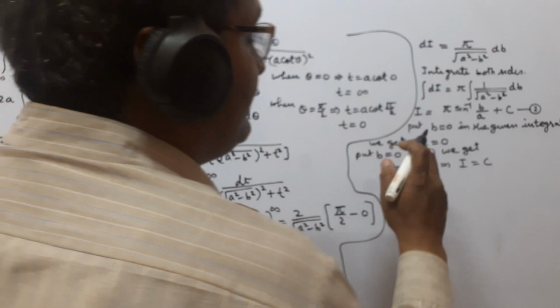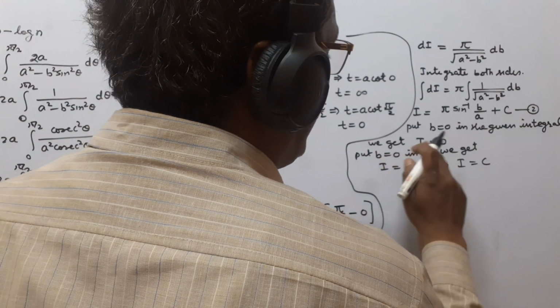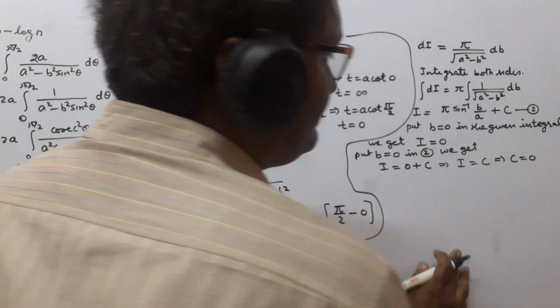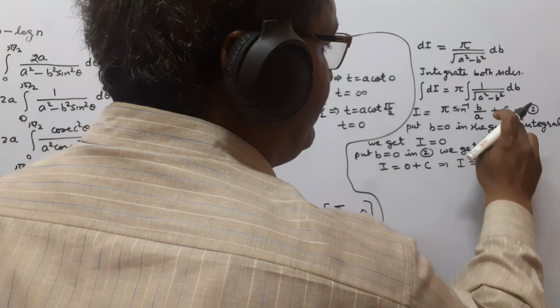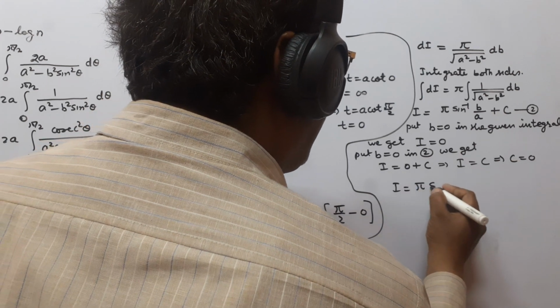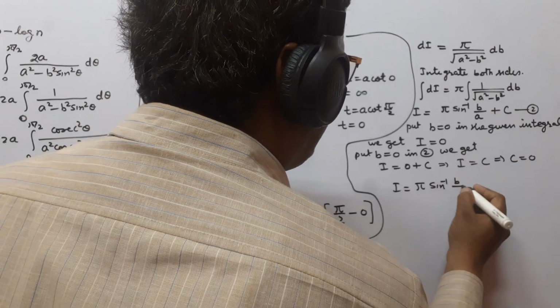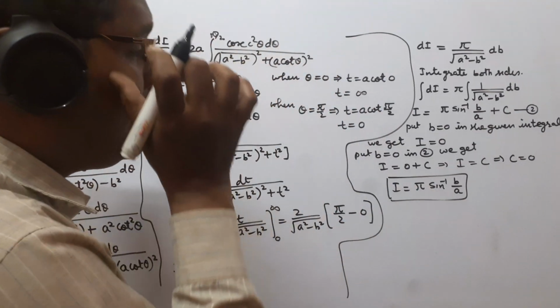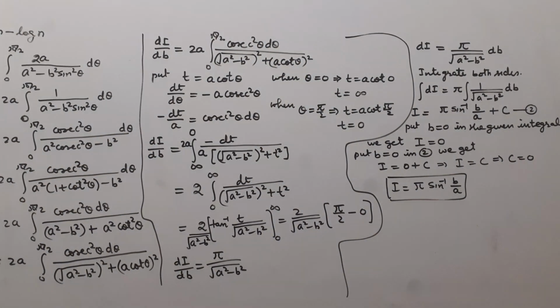And we can see when b is equal to 0, I is equal to 0, this gives c is equal to 0. So we put c is equal to 0 in the above integral 2, and we get I is equal to pi sine inverse b upon a. So this is the value of the given integral.